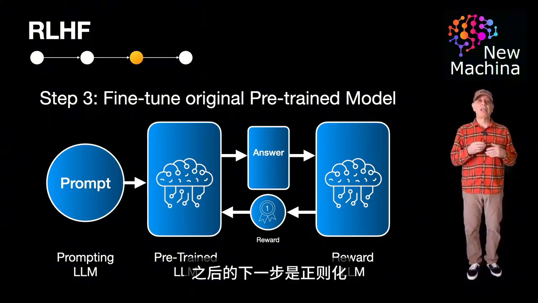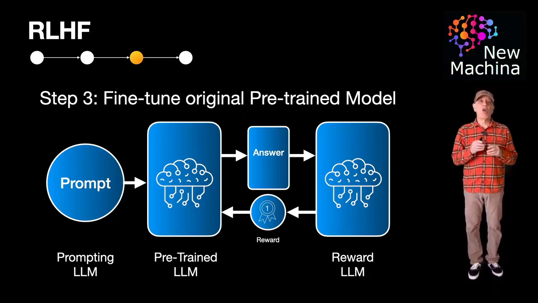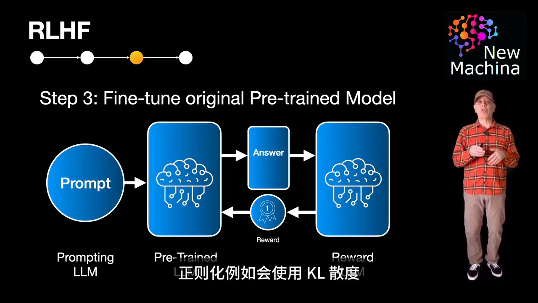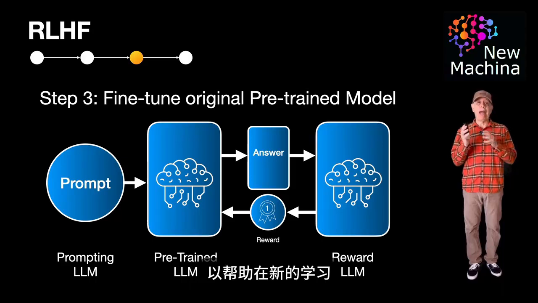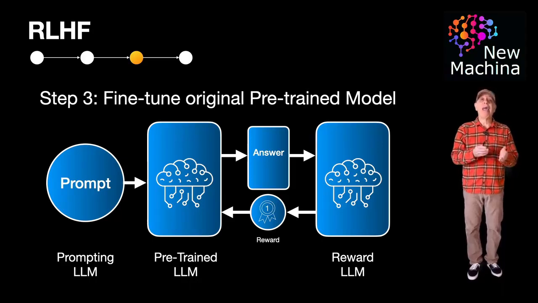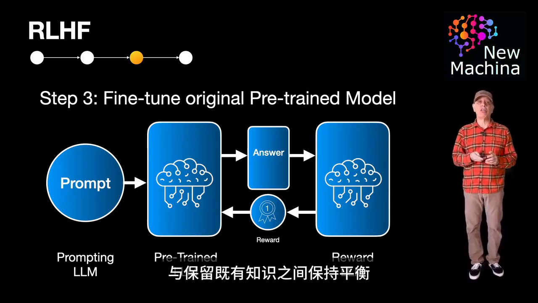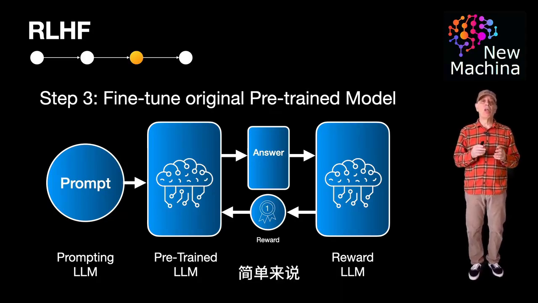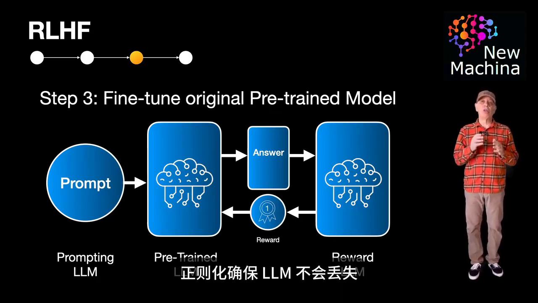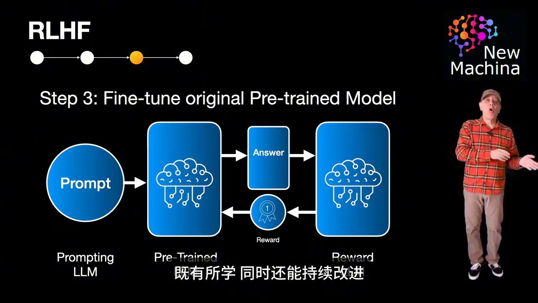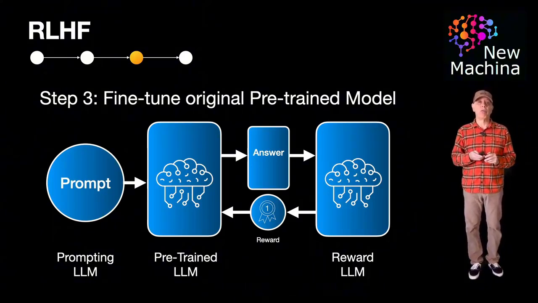So after this, the next step is regularization. Regularization uses KL divergence, for example, to help maintain the balance between new learning and retaining previous knowledge. In simple terms, regularization ensures the LLM doesn't lose what it has already learned while it continues to improve.